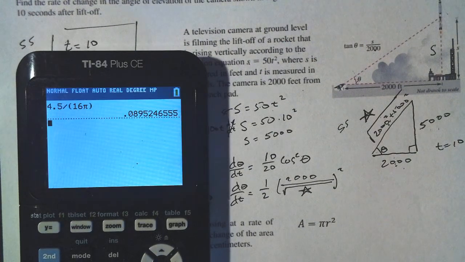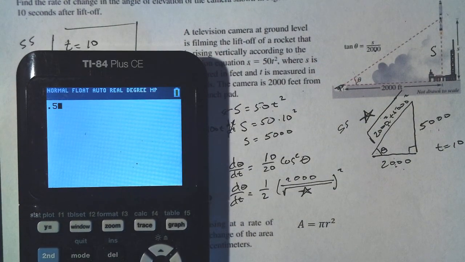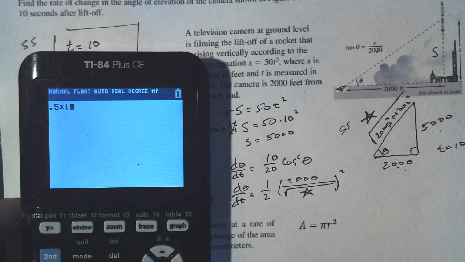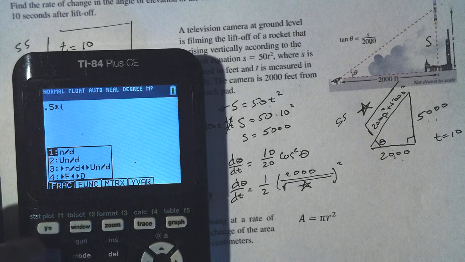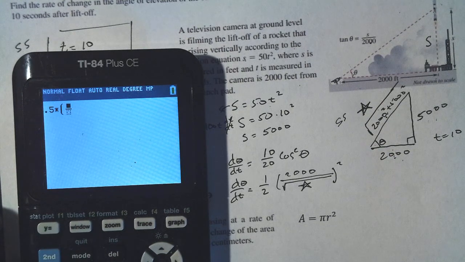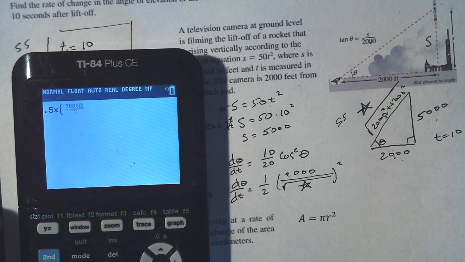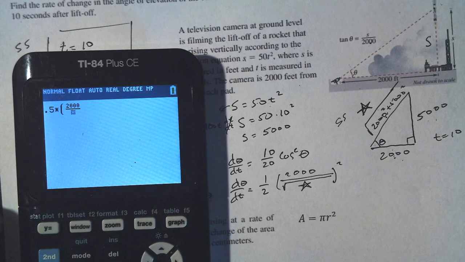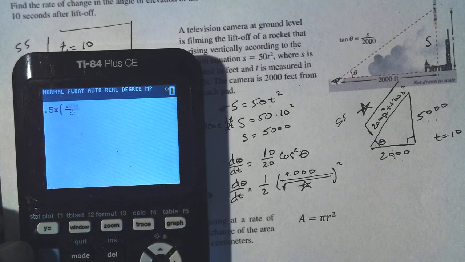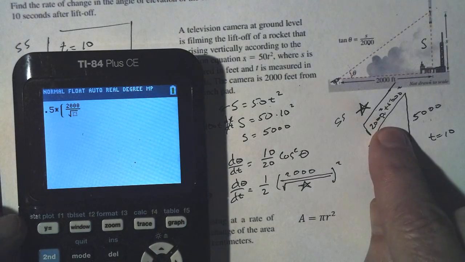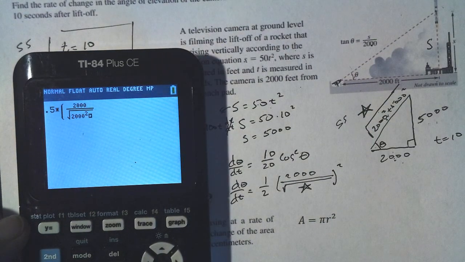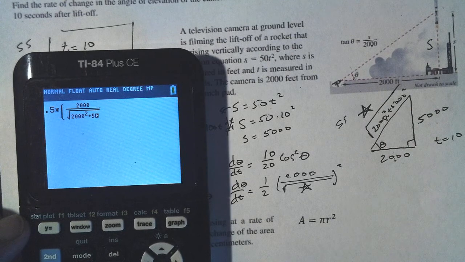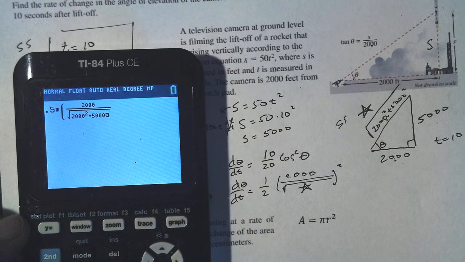I'm going to be really careful with my calculator here. So I got 0.5 times quantity, let's fraction this guy, 2,000 on the square root of 2,000 squared plus 5,000 squared.